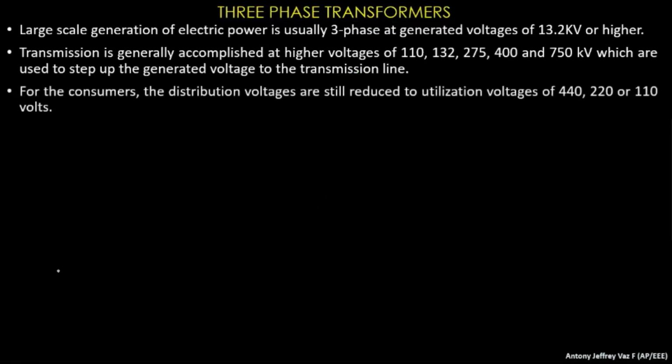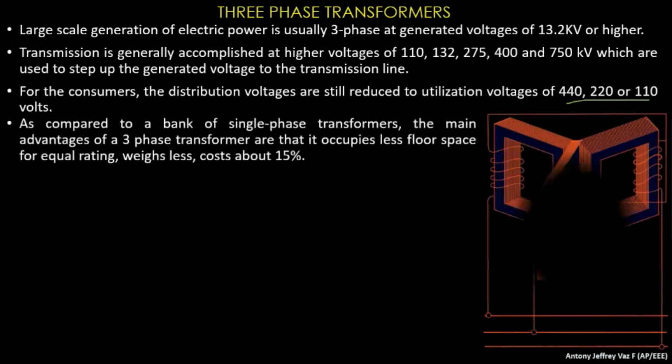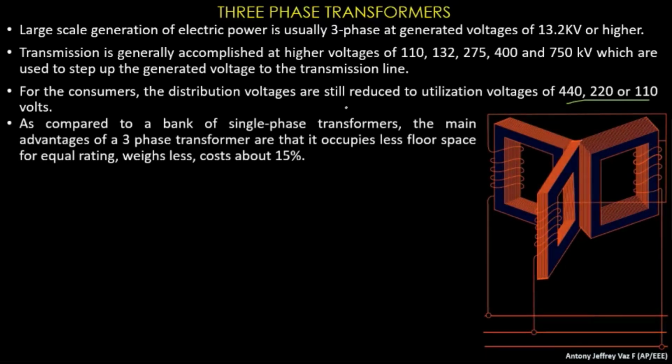Now let us move on. For the consumers, the distribution voltage is still reduced to 400 to 220 volts. As compared to a bank of single-phase transformers, the main advantage of a three-phase transformer is that instead of having three single-phase transformers, you can combine them into one three-phase transformer like this.